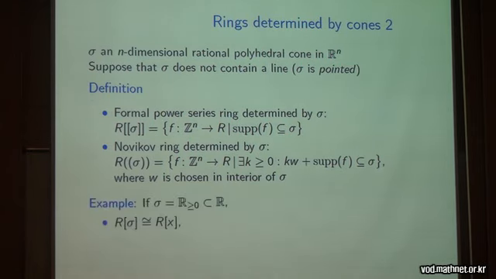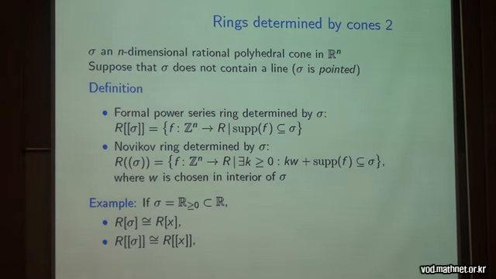Examples in one dimension: if sigma is the positive half line, then of course R of sigma with single square brackets, that's just the polynomial ring in one variable. That's the usual toric ring. The double square brackets thing is then just formal power series in this one variable x. Right? I mean, support in the positive half line, no finiteness condition.